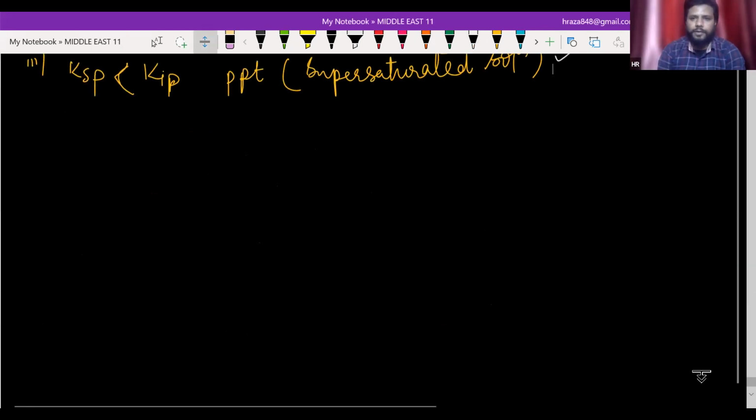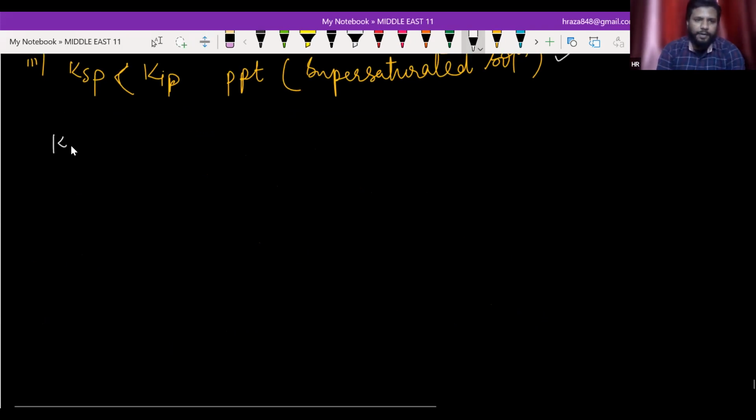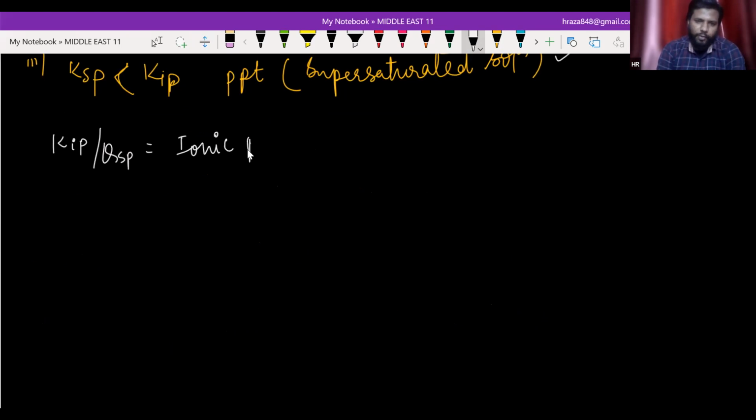Now, just write it: Kip, and in some books it is denoted by Qsp. So basically it is the ionic product, and what it is, it is basically the solubility product at any time.